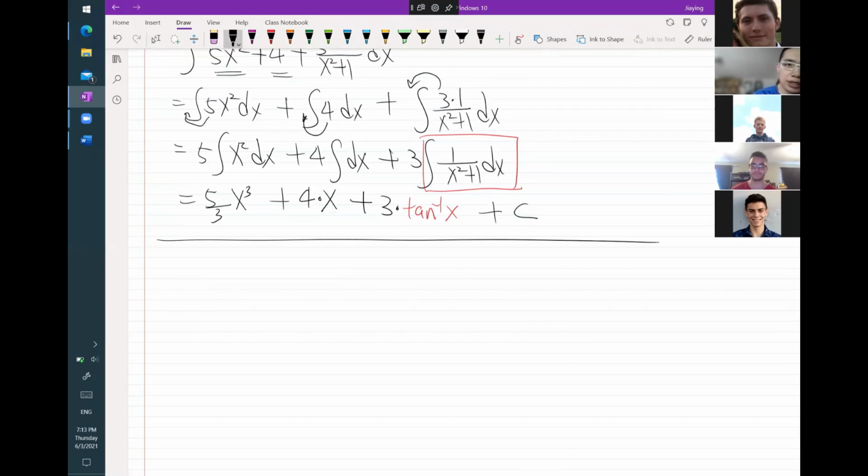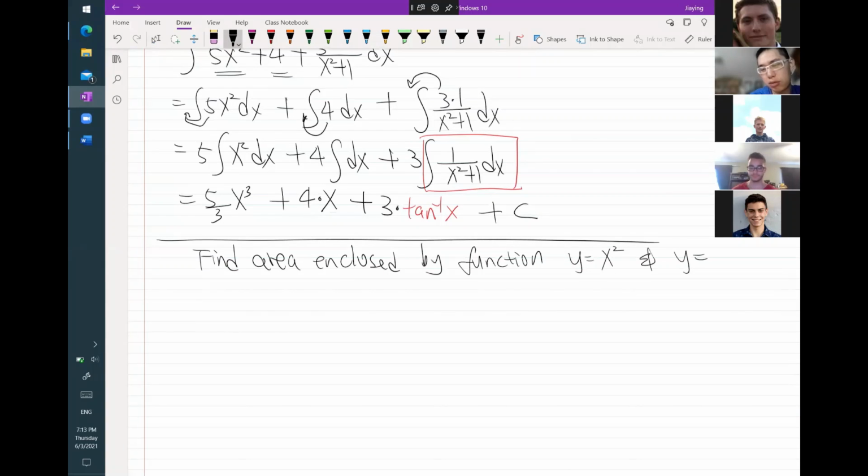How about this one? Find the area enclosed by the functions y equals x squared and y equals x. Make it simple.